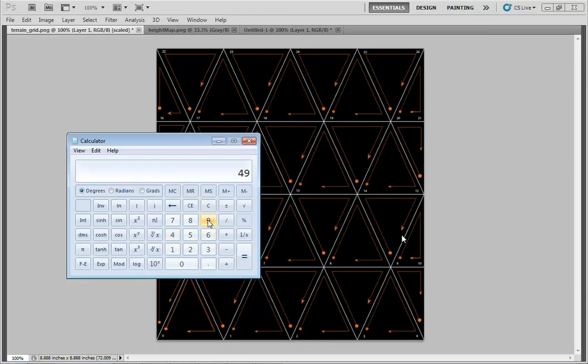There's 49 vertices per patch across. And for the experimental non-repeating world that I've been playing with, there's 512 patches across. That gives us just over 2,000 square miles of terrain.